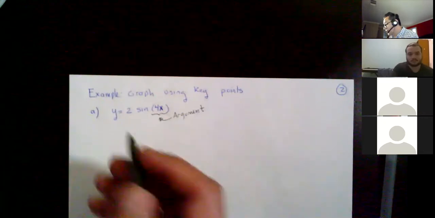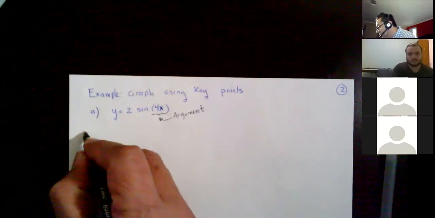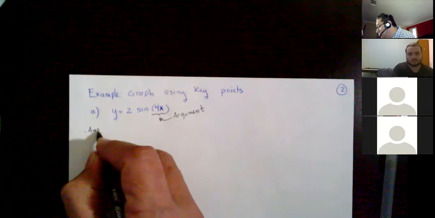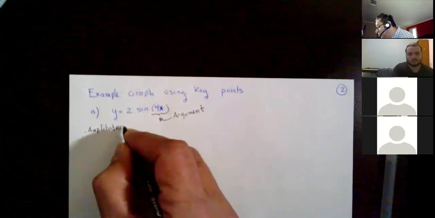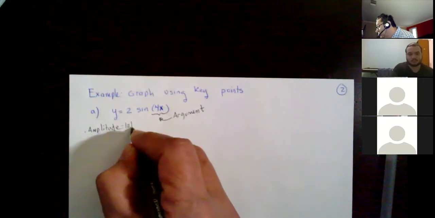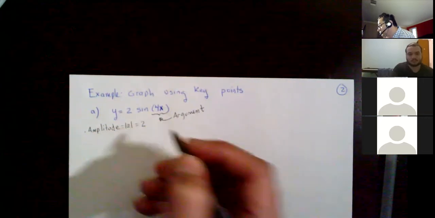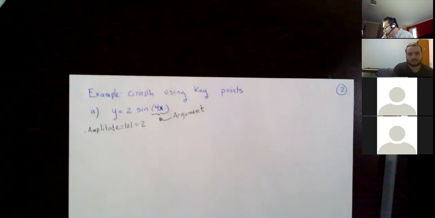So let's go step by step. Let's find the amplitude. The amplitude is the absolute value of 2, which is 2. All right, so that's the amplitude.